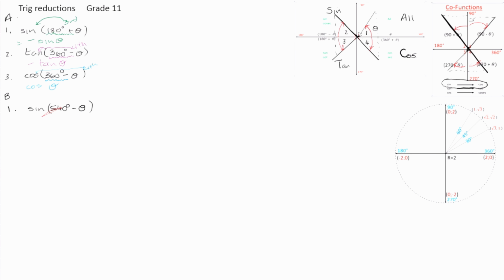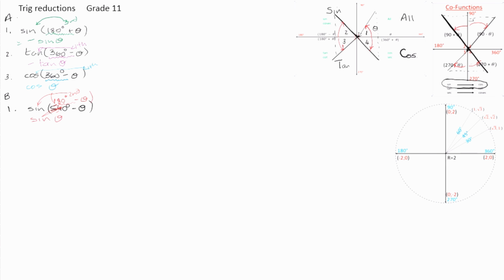Take the 540, throw away a revolution, and you will be left with 180. Keep the minus theta. So 180 minus is second quadrant, where sine is positive. So your answer there is sine theta.